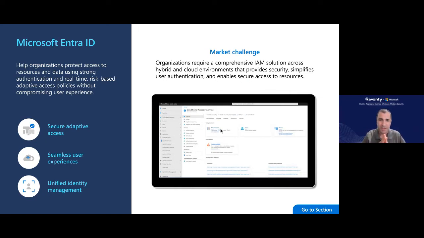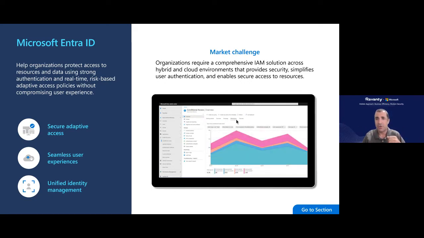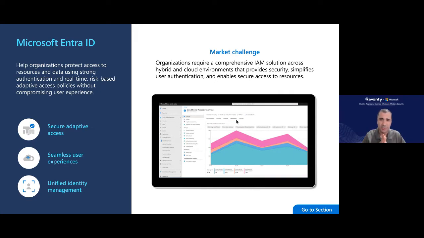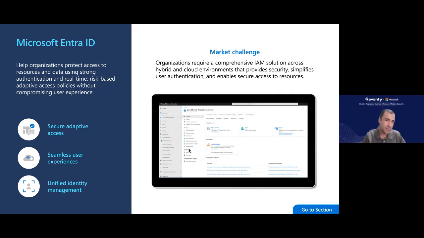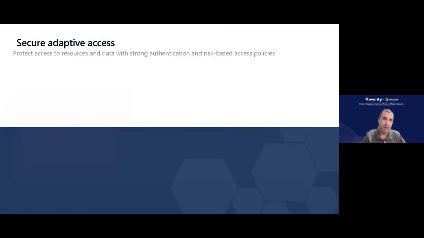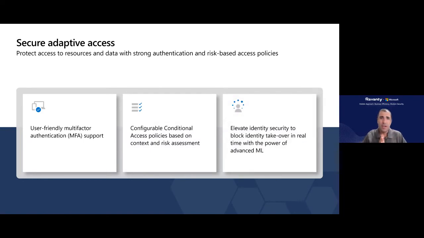Now, having that unified identity really gives you that control, whether you're accessing a cloud application or an on-premises application, and we'll talk about different scenarios for that. It allows you to have that single identity to log in across all these applications, and brings that security of having a single unified identity when you're accessing all these different applications and environments, right? So I talked about secure adaptive access. There are a lot of user-friendly MFA options, and we'll look at that shortly.